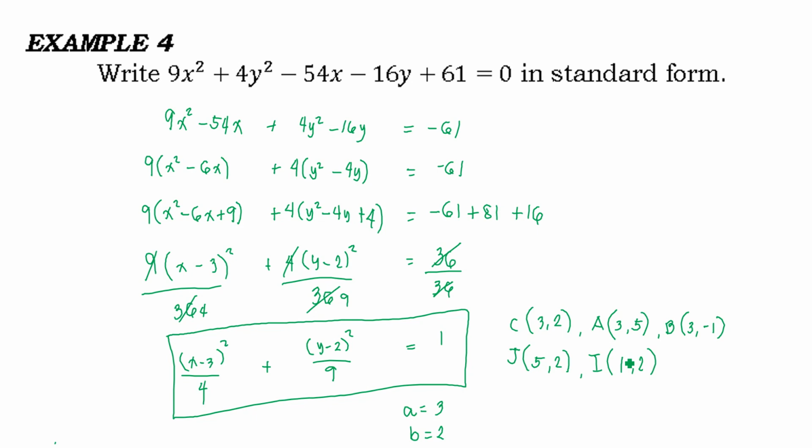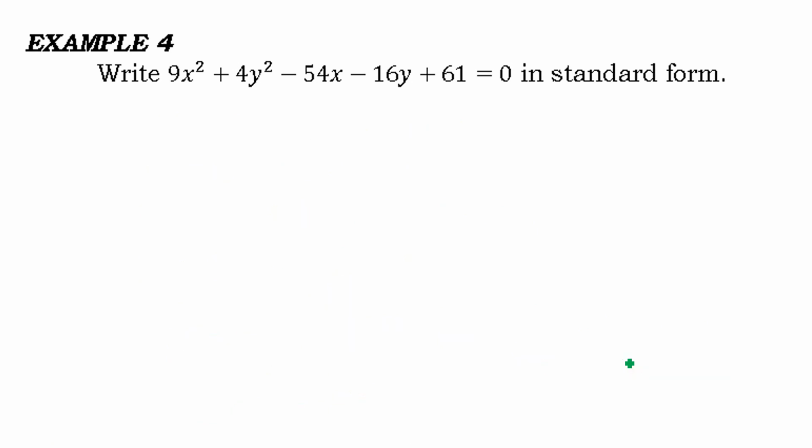Okay, let's have another example. Write the 9x squared plus 4y squared minus 54x minus 16y plus 61 equals 0 in standard form. So, ang gagawin natin, we are just going to group those variables with common variables, and then si constant term, let's move that one to the right side.